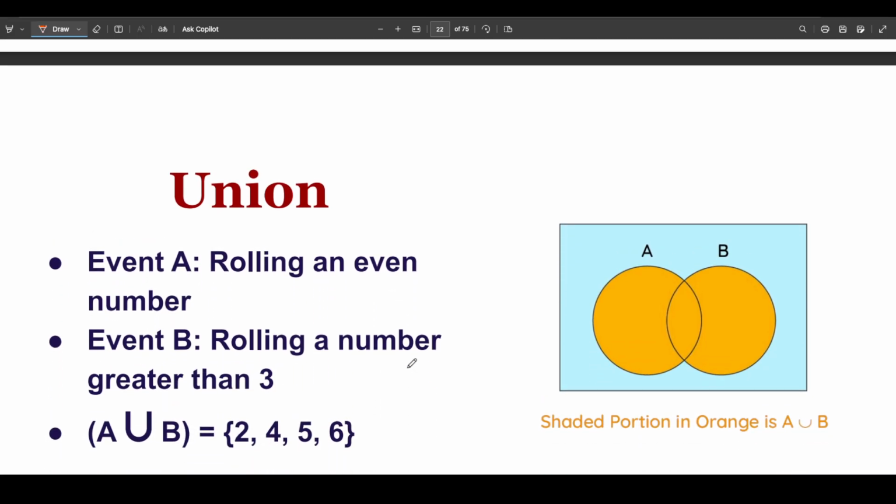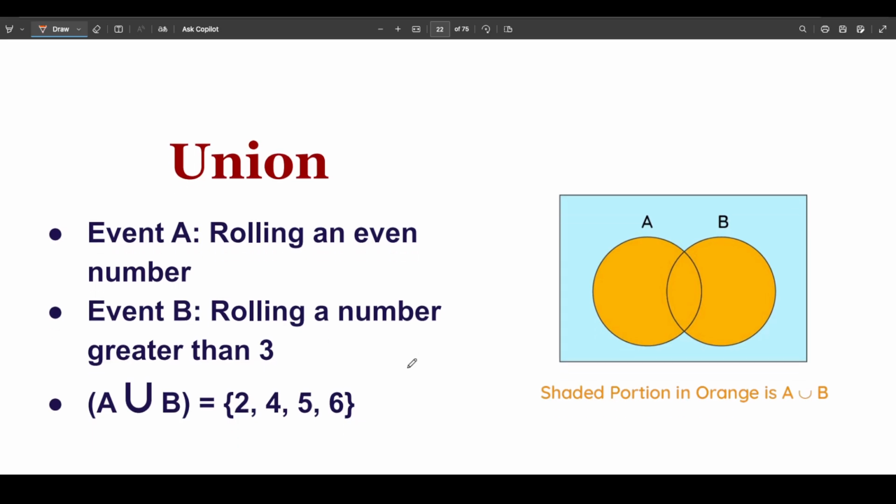What is union? Union between event A and event B is when we say, for example, physics or philosophy. Okay, so when we use the term or in the English language, we are referring to the union of two events.